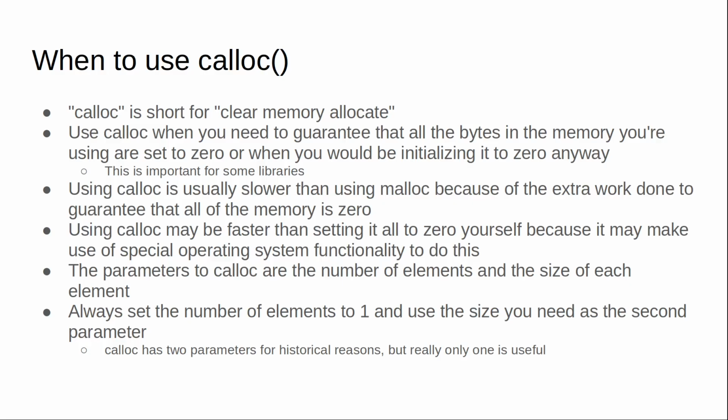Some of them, especially I run into this in some Unix libraries, do check the memory that's passed in to see if it's already 0. And if it's not, you can run into all kinds of strange behavior, usually behavior that crashes your program. So it's just good practice if you're going to be passing in the memory you allocate into an initialization function in a different library, use calloc when you allocate the memory.